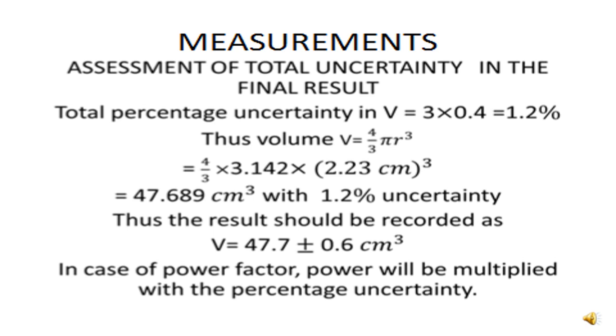Thus the result should be recorded as V is equal to 47.7 plus minus 0.6 centimeter cube. Now this plus minus 0.6 is the uncertainty in the final result, which is equal to 1.2% of 47.689. In case of power factor, power will be multiplied with the percentage uncertainty.